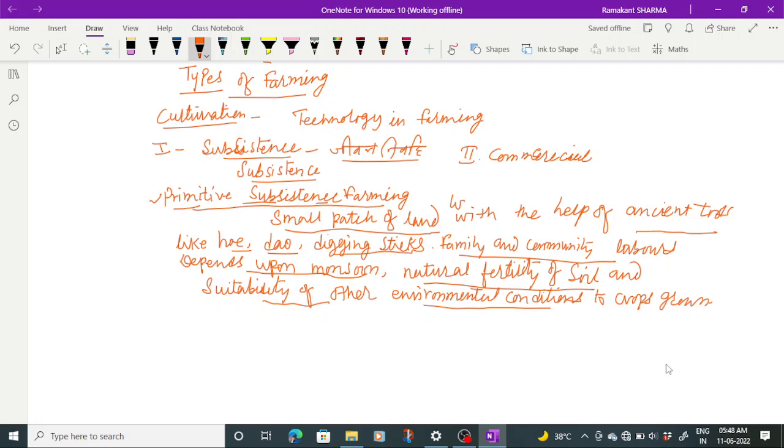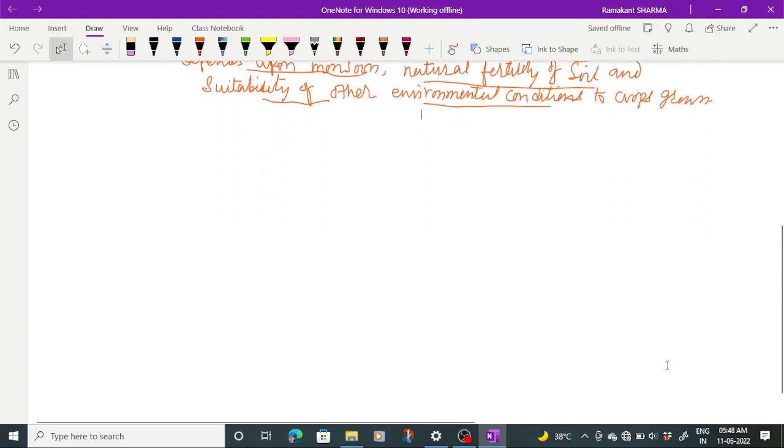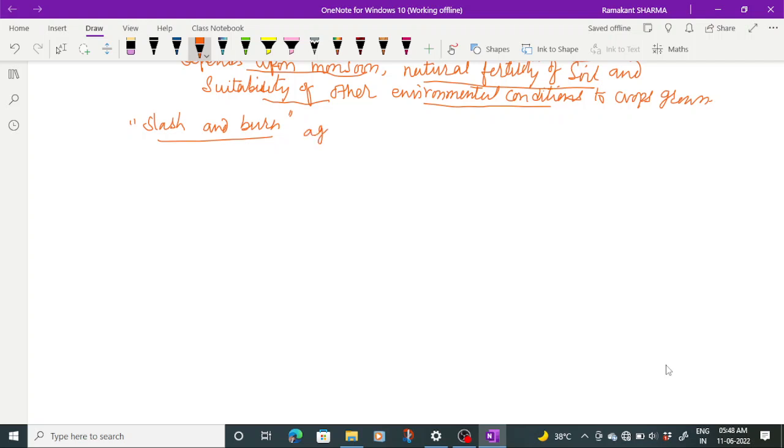What happens here? In such type of farming, there is a term which is used, slash and burn agriculture. What happens here?